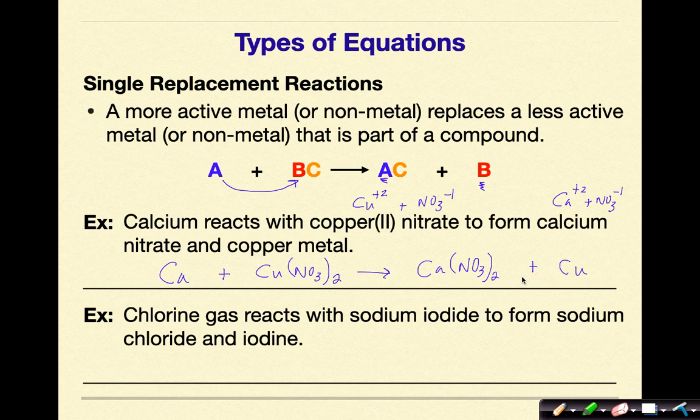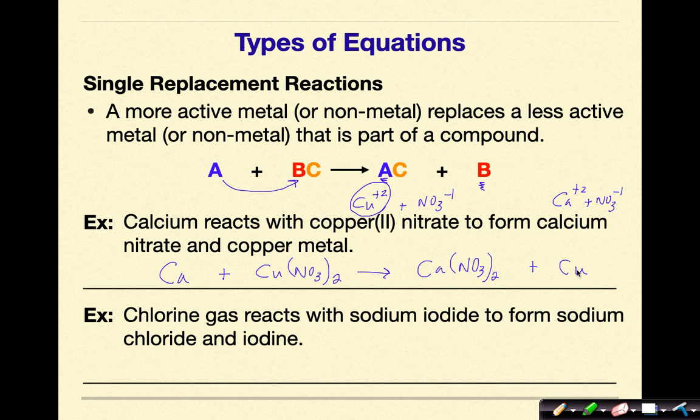Does this equation fit the general form of a single replacement reaction? Yes, it does, namely free element calcium replacing the copper ion as part of the compound copper 2 nitrate, and we're forming a new compound, namely calcium nitrate, and a new free element, namely copper. And if you're recalling your first chemistry course and you're saying, this is the classic example of an oxidation reduction or redox reaction, you're correct here.